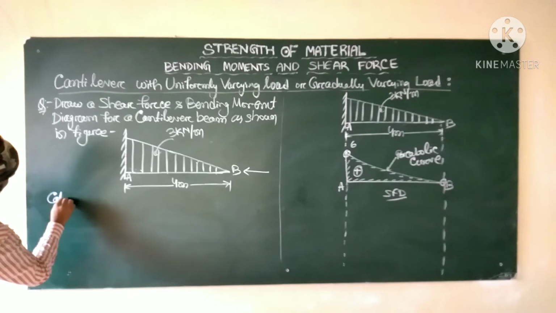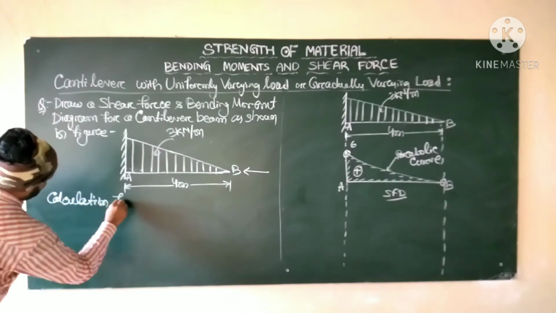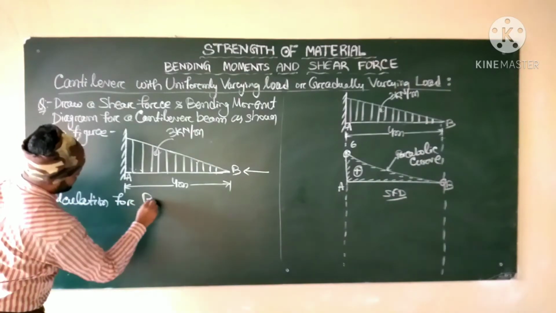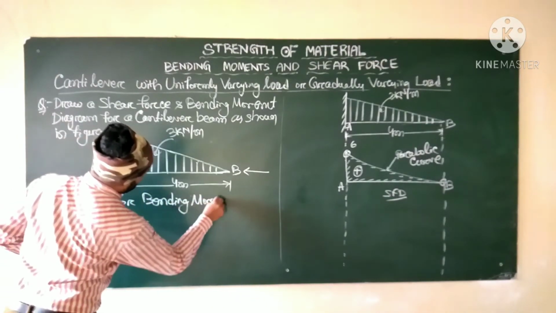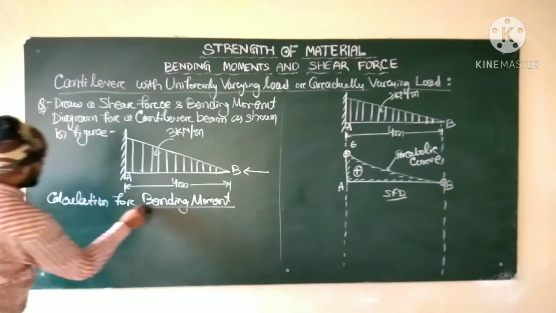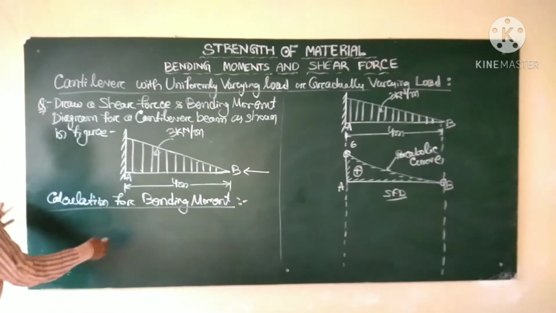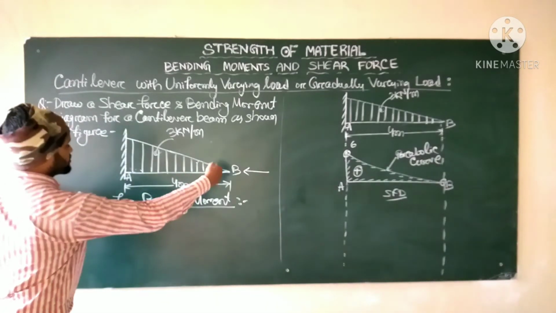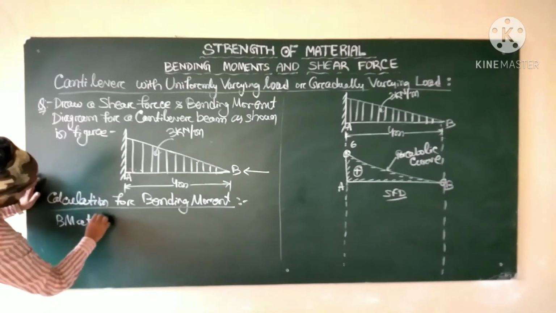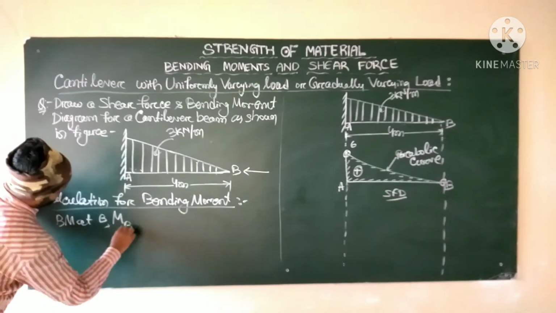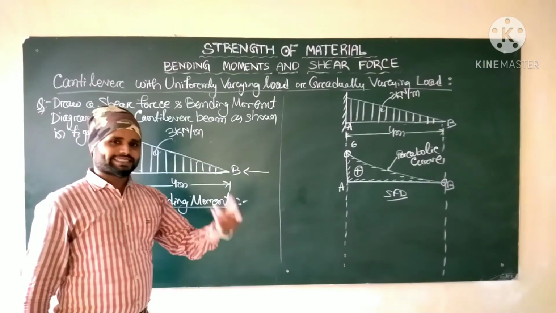Calculation for bending moment. Similarly, as with shear force, bending moment we will calculate from the free end. So the starting point is B. So bending moment at B, that is MB equal to, the formula is minus Wx cube by 6L.